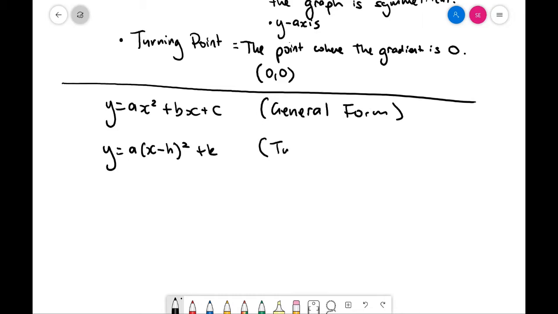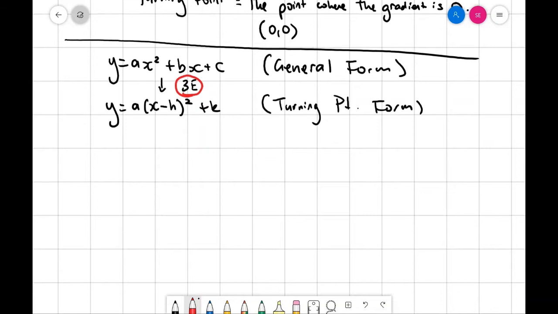This is the turning point form. We like this one a lot more because we can graph it a whole lot easier. All of them can be written like this, and we'll look in chapter 3E, I think it is, we're doing 3D now, yep, 3E, on how we can get them from one form to the other. So don't worry about that now.